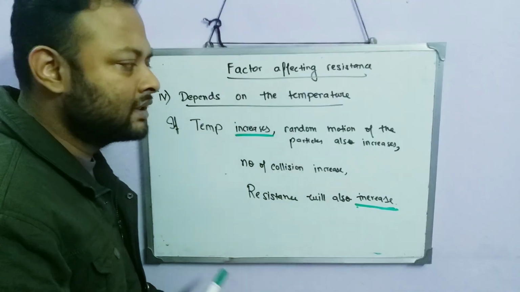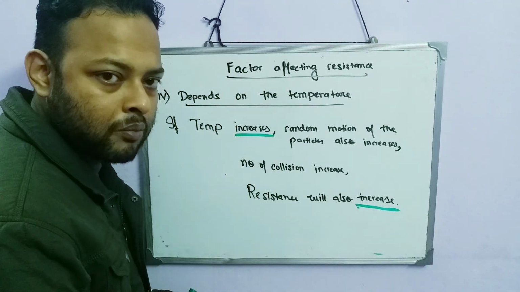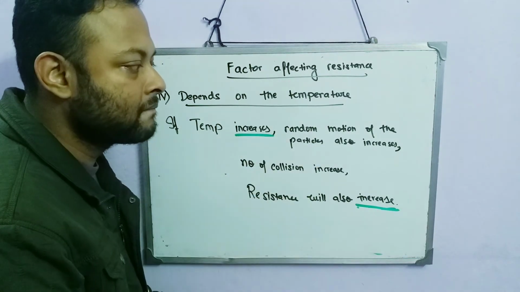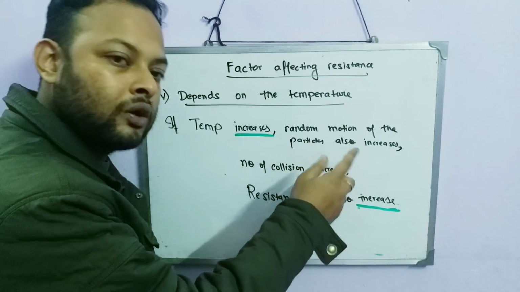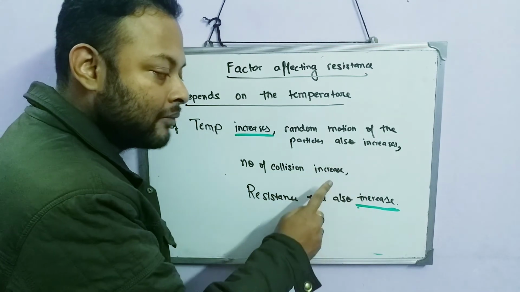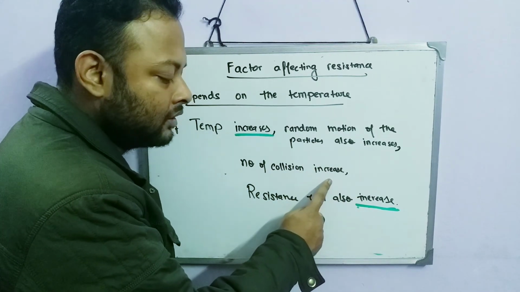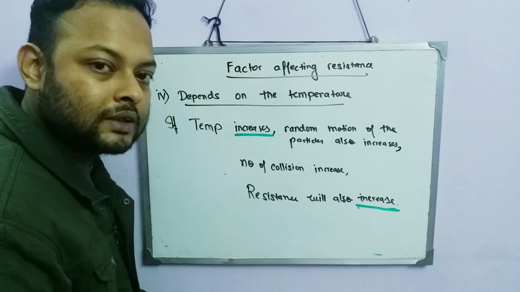And vice versa, if temperature decreases, then this random motion also decreases, the number of collisions will also decrease, and resistance will also decrease.